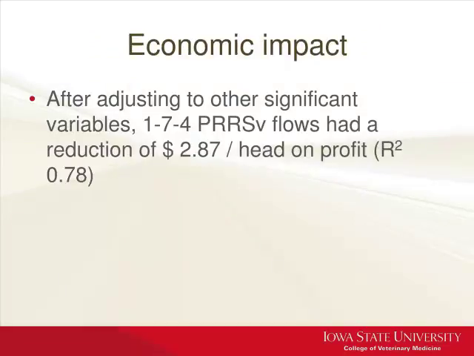Using a very similar model with pretty much the same variables, we constructed a model not to predict mortality, but to predict the actual profit or loss. The model had a similar R squared, and it showed that for the 174 PRRS flows there was a loss, or decrease, of $2.87 at the end of the day.